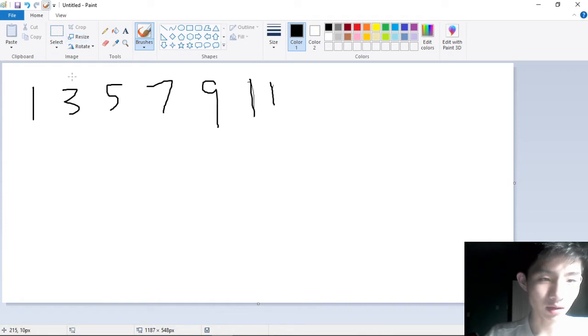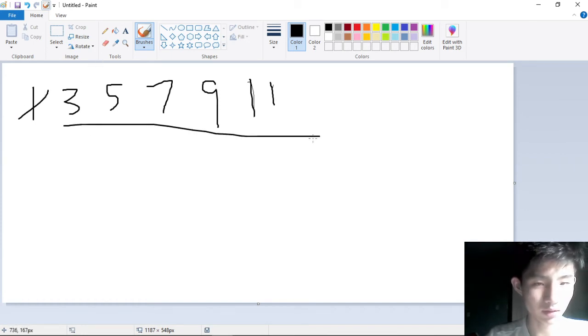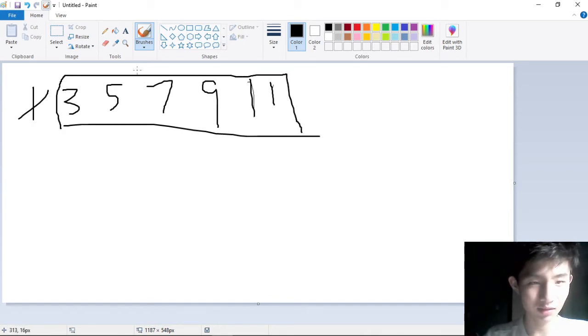If I just remove 1, now the whole thing's odd, because there's 3 odd numbers plus 2 odd numbers, and we already know that if there's an odd number of odd numbers, that means it's odd, and you only need to remove 1.